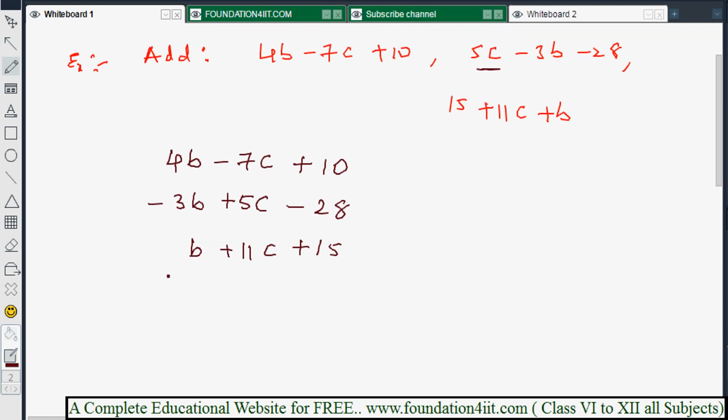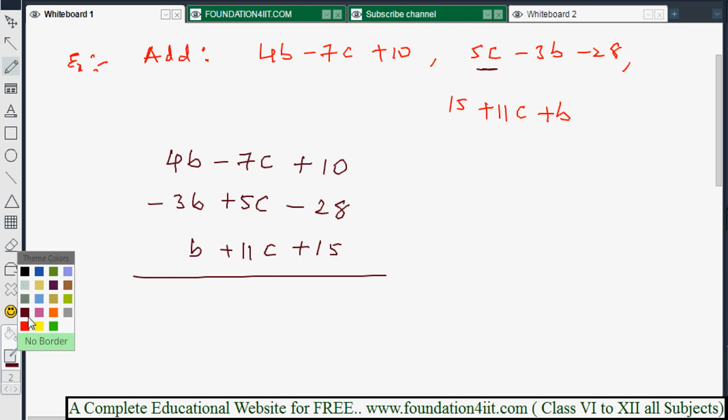Now we need to do addition of this directly. So adding is very simple. Because of the like terms, we'll add only coefficients. So here plus 4 minus 3 and 1. There is nothing means 1. Okay, 4 minus 3 is 1, 1 plus 1 is 2. So finally 2b it is. And variable we write as it is. Now minus 7 plus 5, that is minus 2.